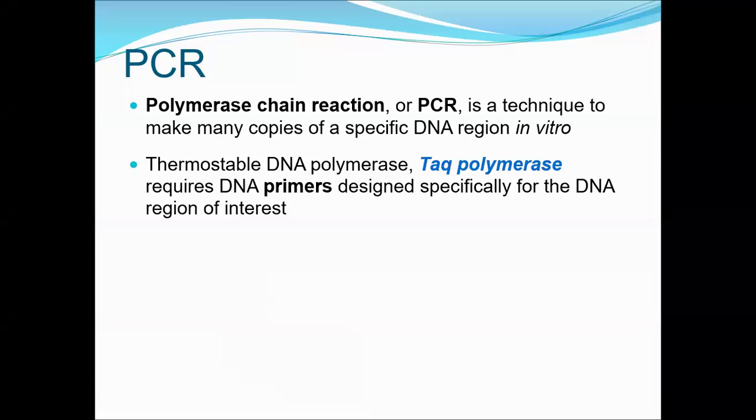It is basically the amplification of DNA in vitro. In vivo, we call it replication, whereas in vitro, if you want to amplify a copy of DNA, it is called PCR or polymerase chain reaction.